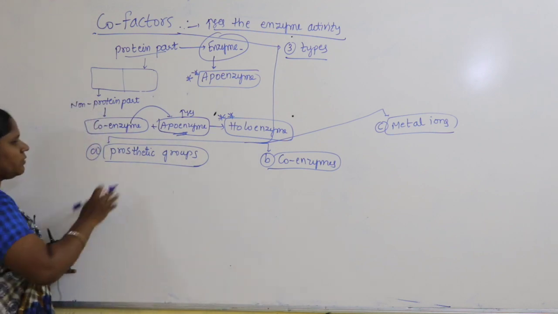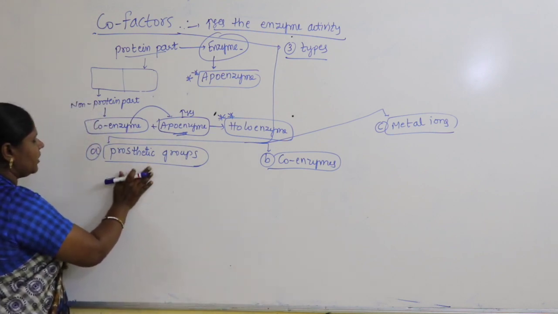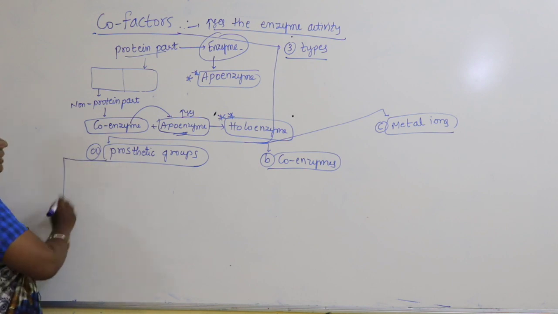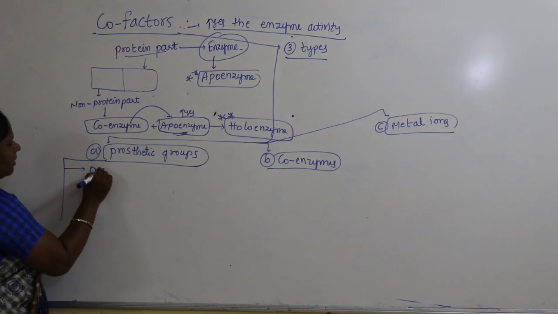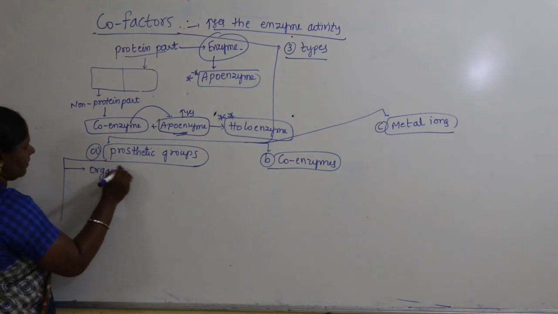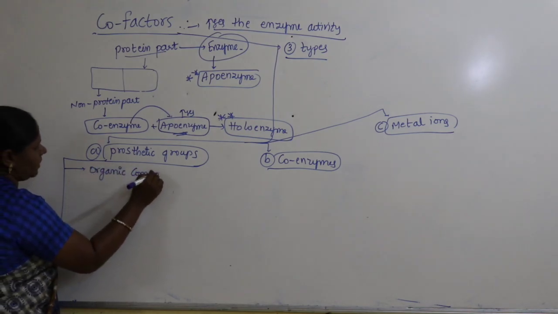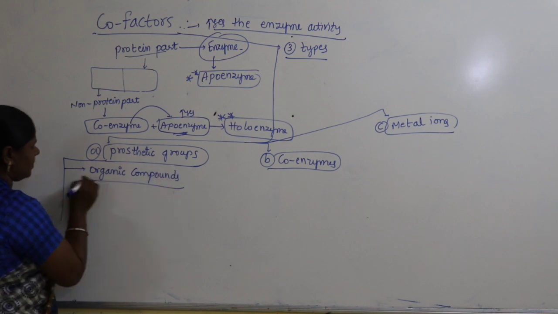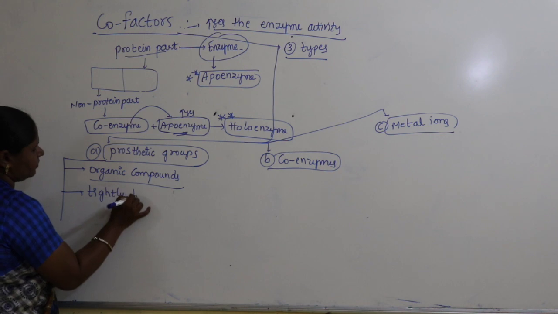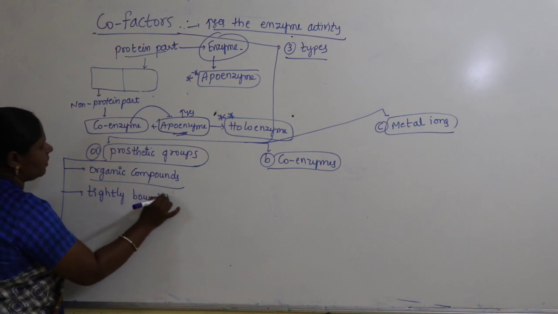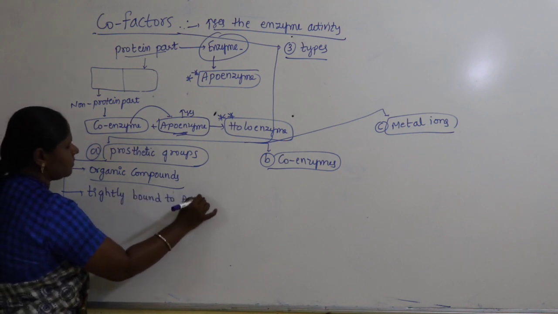Let us talk about the first one, prosthetic groups. Let us study what these prosthetic groups are. These prosthetic groups are nothing but organic compounds and they are tightly bound to apoenzyme.